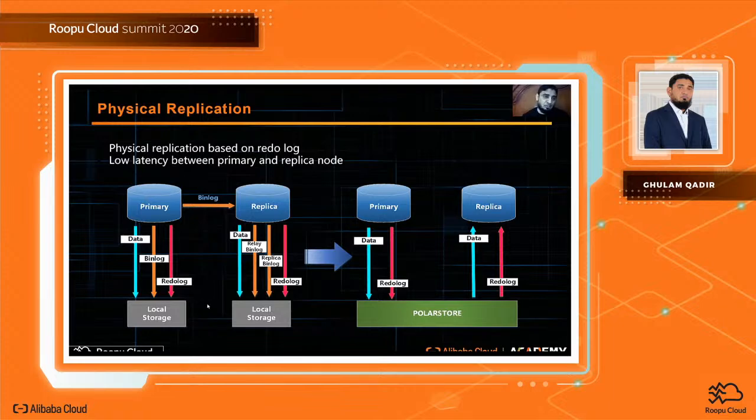So for replication we will send the data, and based on the bin log we can create the replica of the same primary node. But here in PolarDB, as we are already using PolarStore, which is shared storage, once we send the data from the primary node, the same data will be available in the replica, so there will be no latency.